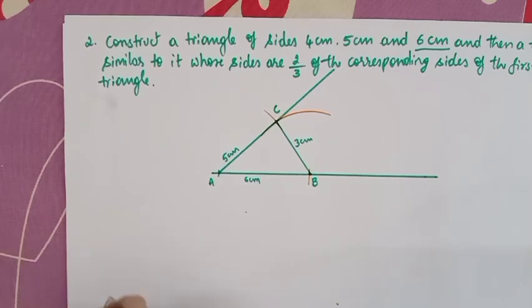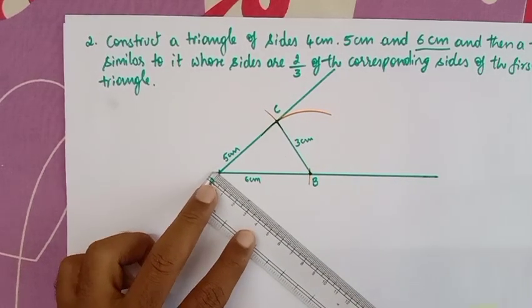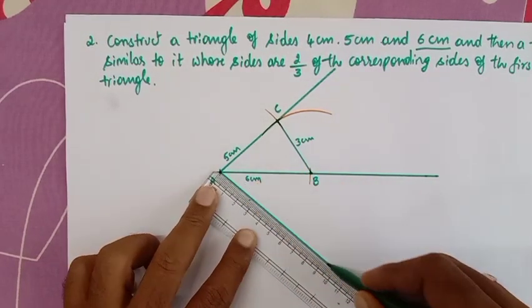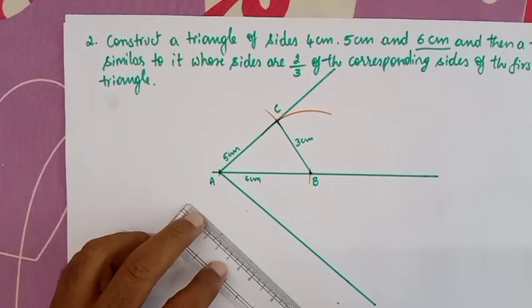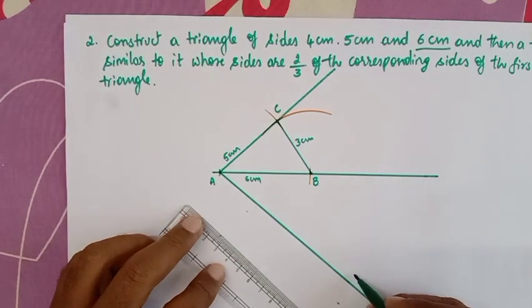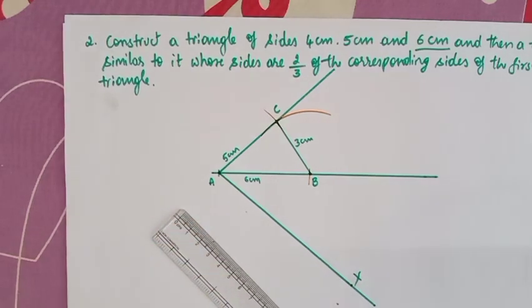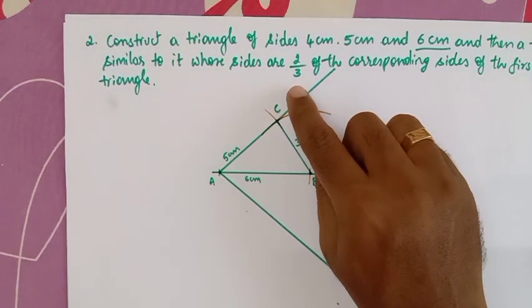Now let me draw a line which forms an acute angle with AB. Let this point be X. And then let us cut this into 3 equal parts.